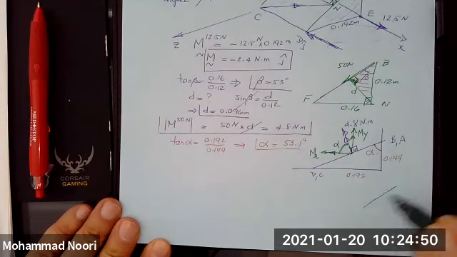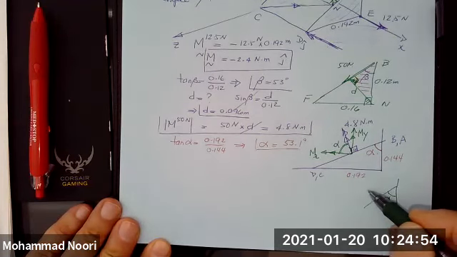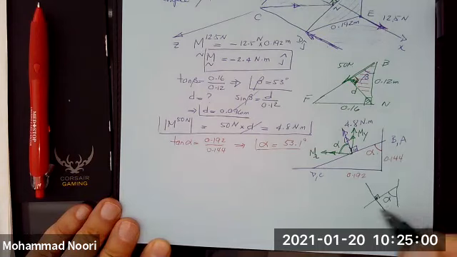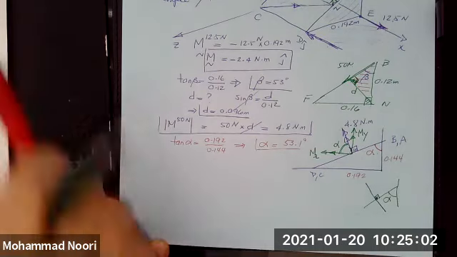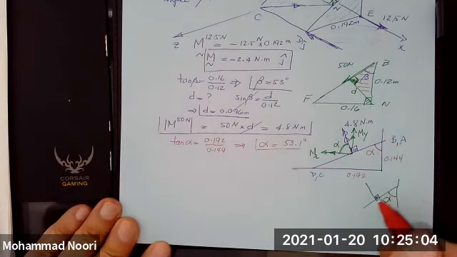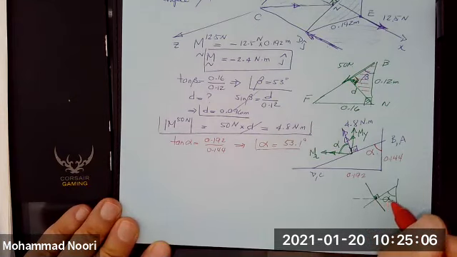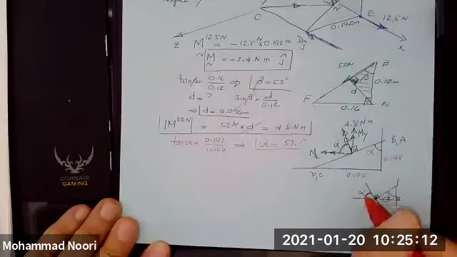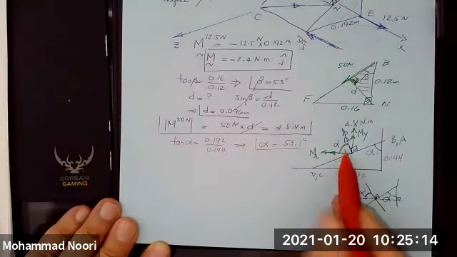If you have an angle alpha, you have another angle whose sides are perpendicular to the sides of this first angle, these two angles would be equal, and that's what we have here.